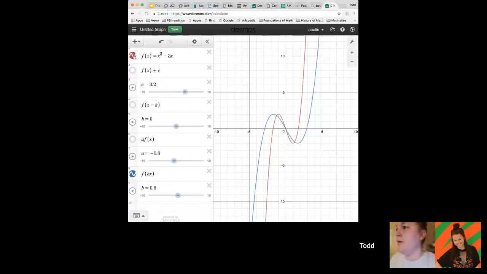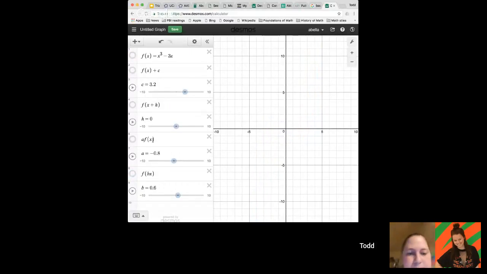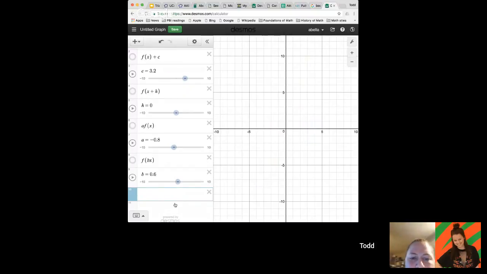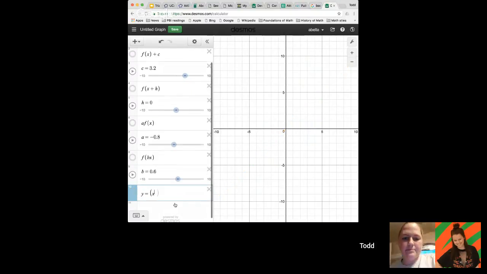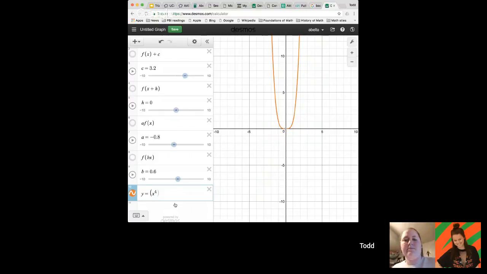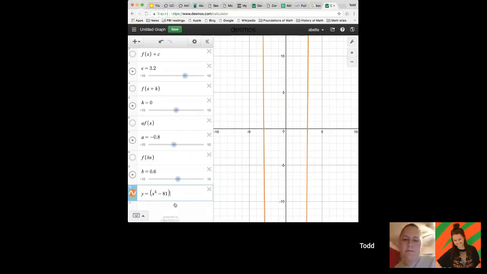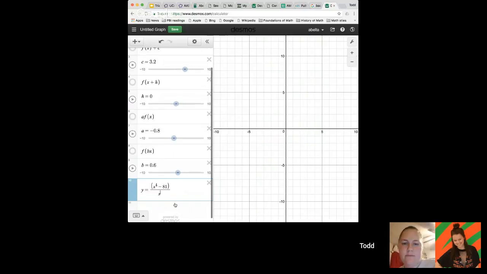So if I get rid of all these guys, because I don't want to see them anymore, and I graph my function, y equals (x to the fourth minus 81) divided by (x squared plus x minus 12). Okay.